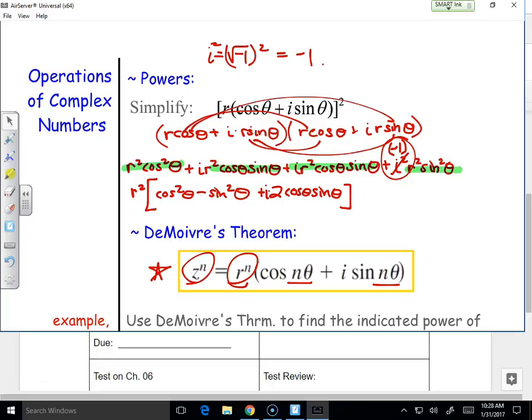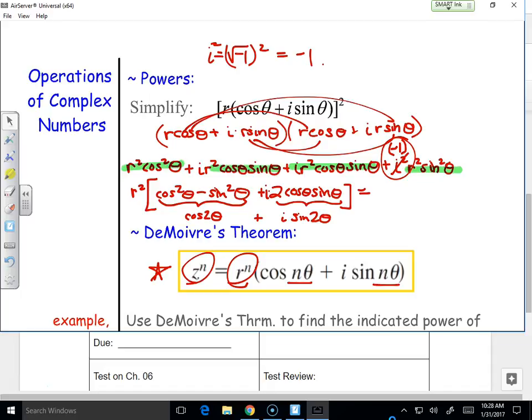Wait, how on earth are we with a formula? What's going on? Hold on. Cosine squared minus sine squared. Who's 2 sine cosine or 2 cosine sine? We need a double angle of sine.